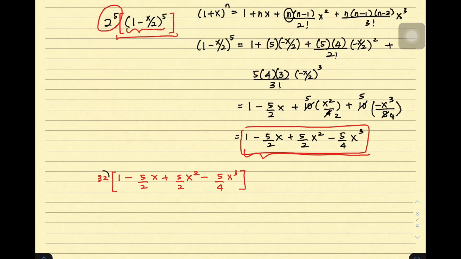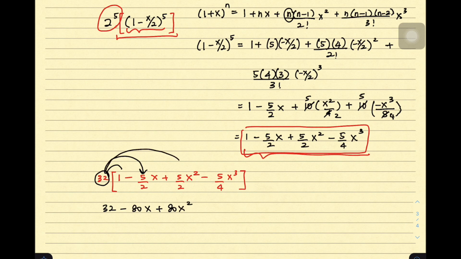Okay, so 32 darab dengan 1, awak dapat 32. Tolak 32 darab dengan 5/2, awak boleh kecilkan, dapat 16. 16 kali 5 sama dengan 80x. Lepas tu yang ini pun sama, tambah dengan 80x square.